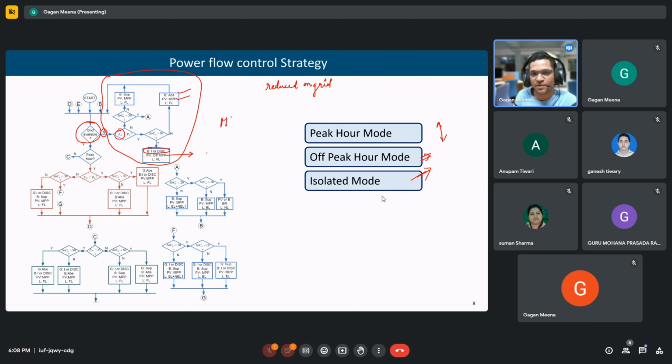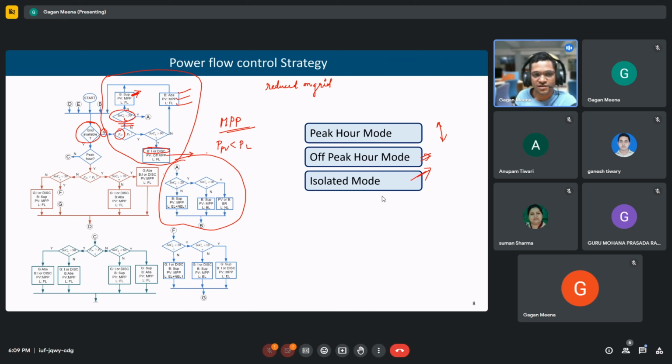PV will operate at maximum power point and the load will be supplied. But if generation is less than load, then this path. In that case, SOC is checked. If SOC is less than 30%, then move to this path. If SOC is not less than 30%, then the battery will supply the load. So whatever maximum we can extract from PV will be extracted and the remaining load will be supplied by the battery.